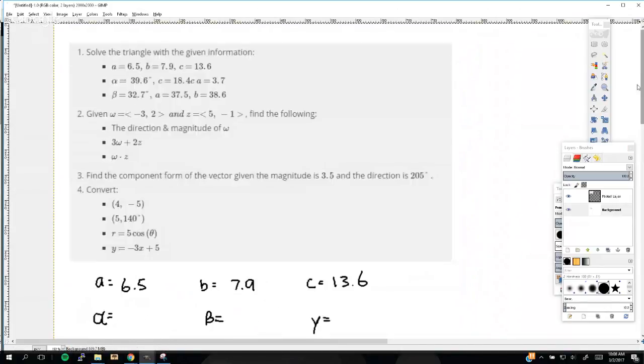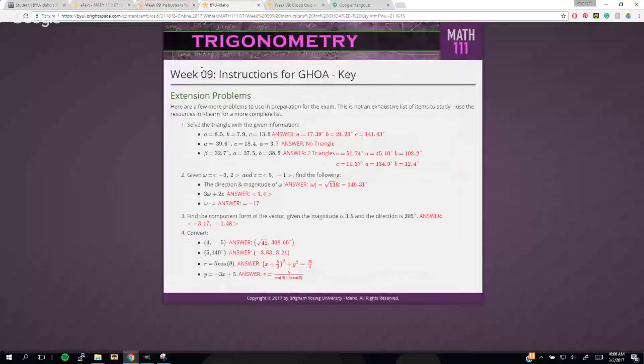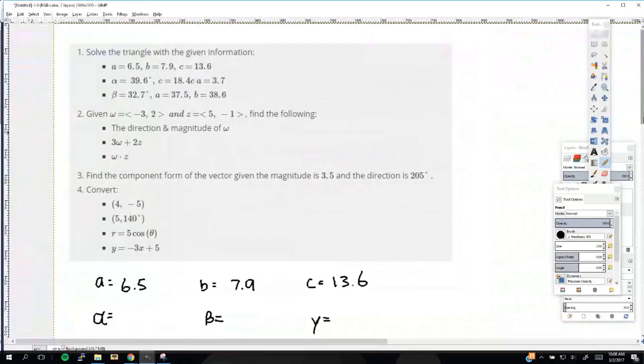One thing. In the answers for this, I'm kind of worried because when I went through this before, I feel like some of the answers just really didn't make sense. For this first one, his answer for A, which we just solved for, was 17.39 instead of 17.33. So I don't know what's going on there.